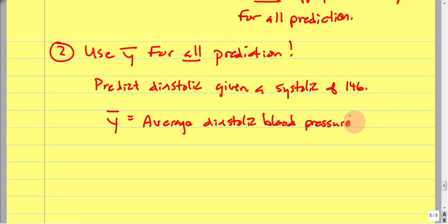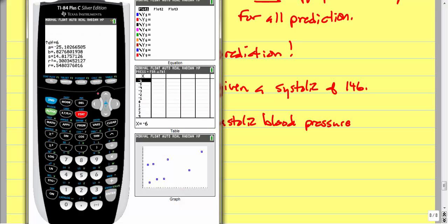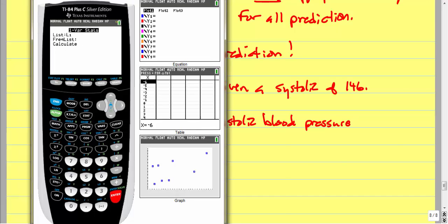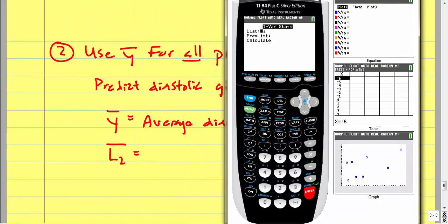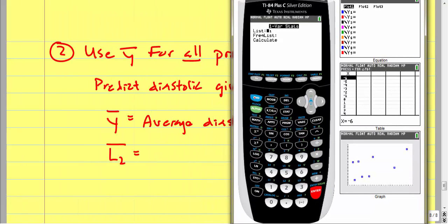Remember, we used y for L2, so I'm basically looking at the mean of L2. So let's go ahead and look at our calculator. We'd go to Stat, Calc, 1-Var Stats. We haven't used this one in a while. But under my list, instead of using L1, I'll want to use L2. So that's under second L2, and then we just go to Calculate.